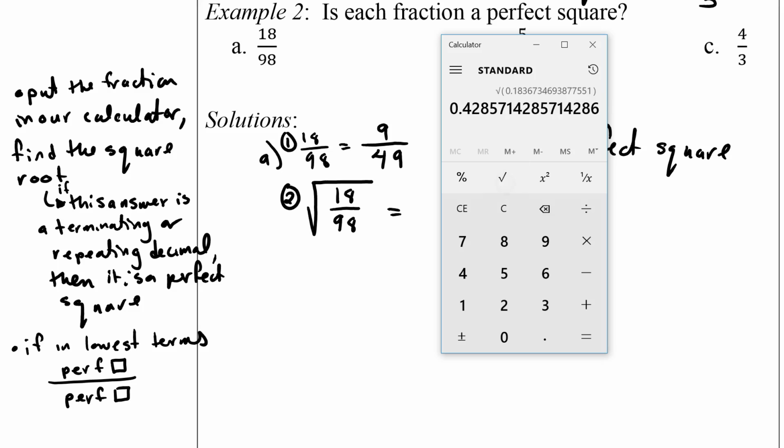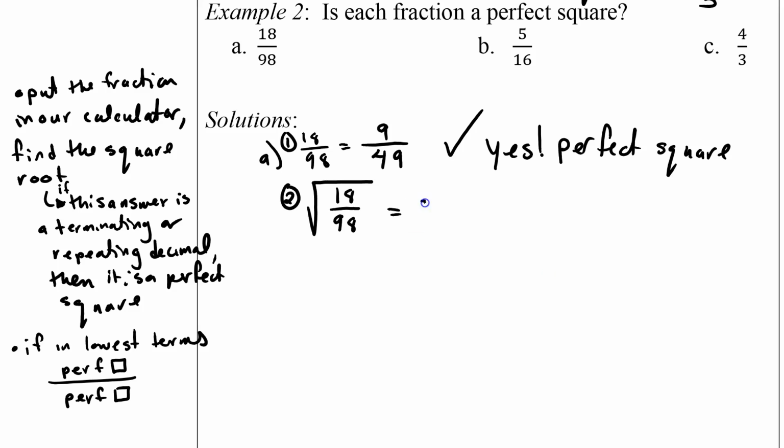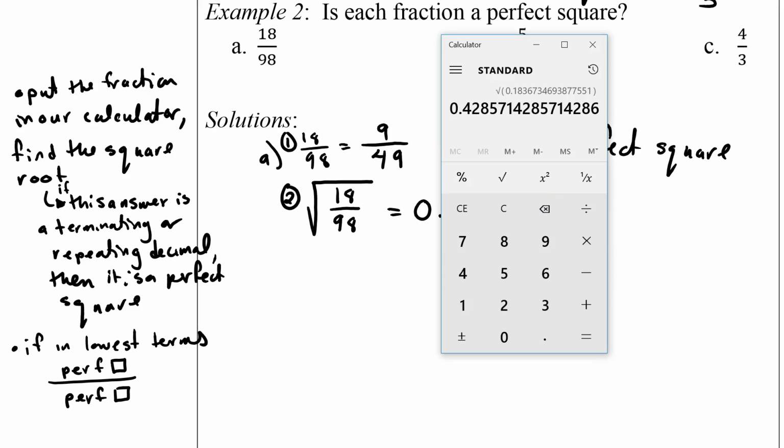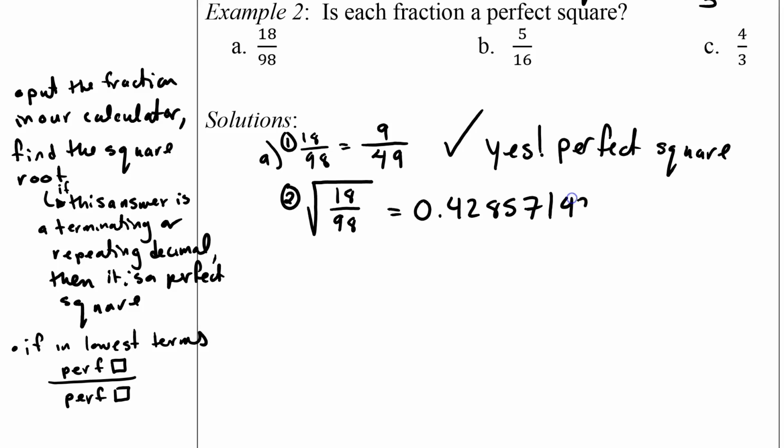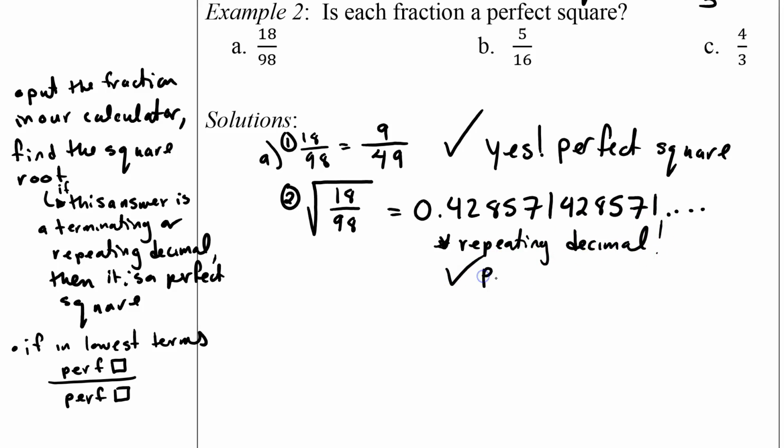Now I'm going to find the square root of that. 0.428571, 428571, 428571, and it just keeps on going like that. So we have a repeating decimal, so we have a perfect square. Awesome.